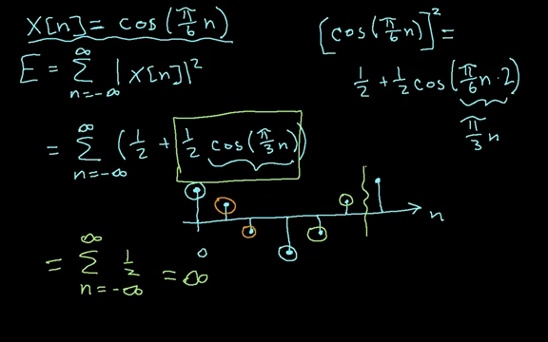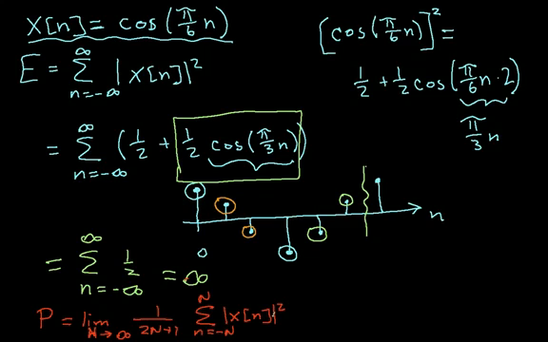But an interesting thing happens when I go to compute the power. When I compute the power, we have P is the limit as cap N approaches infinity of 1 over 2N plus 1 times the summation n going from minus cap N to cap N of the magnitude squared of x n.